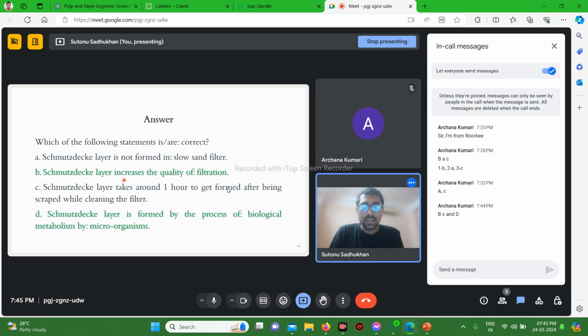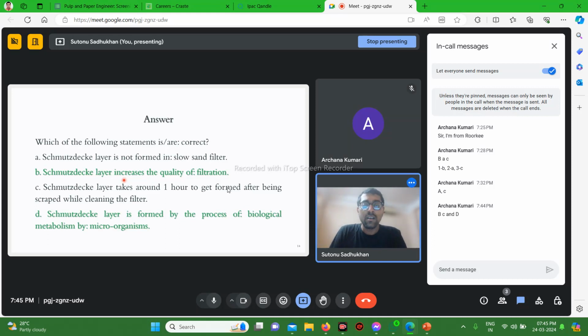But what happens within 1 hour? As I told in the earlier MCQ, before the smooth deck layer, it was stated that within a day, that is 24 hours time, a filter cannot develop the pressure drop and whatever, because of this smooth deck layer.